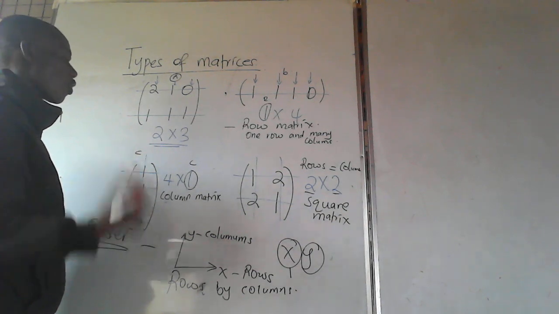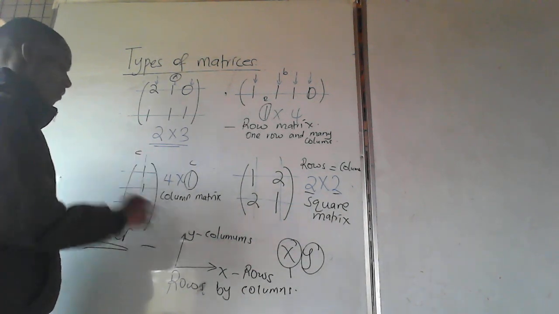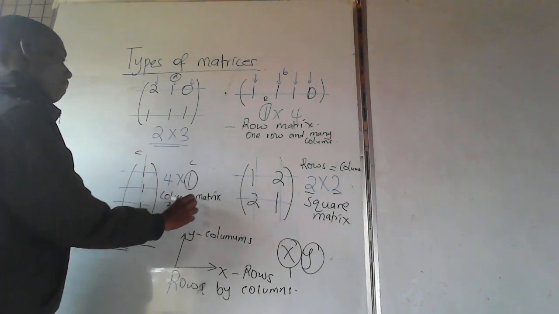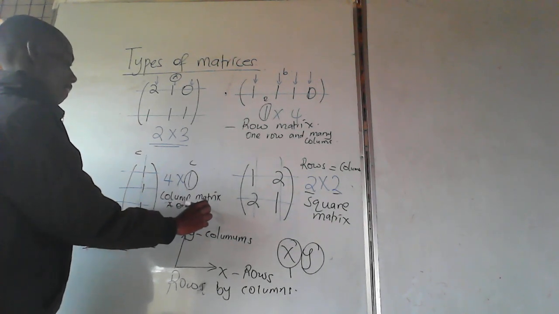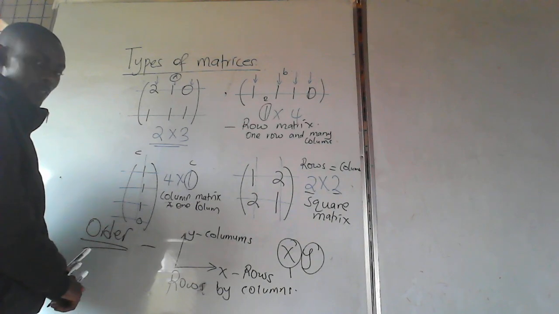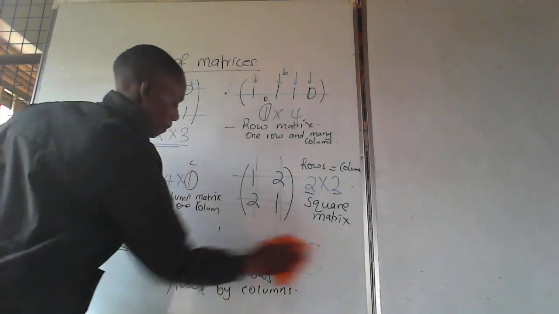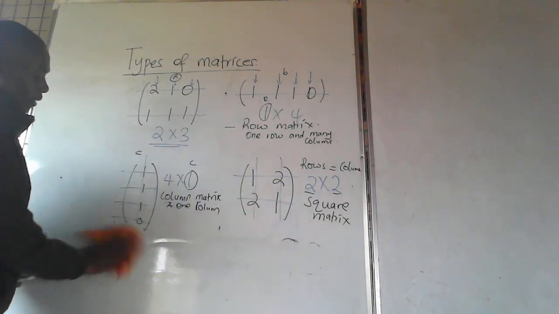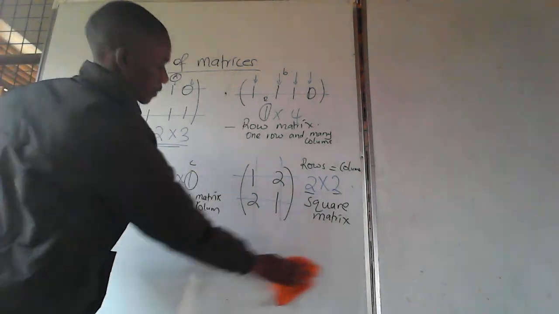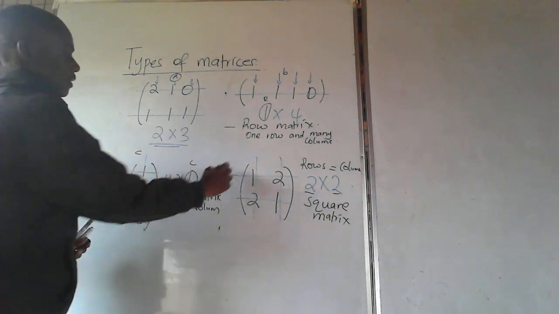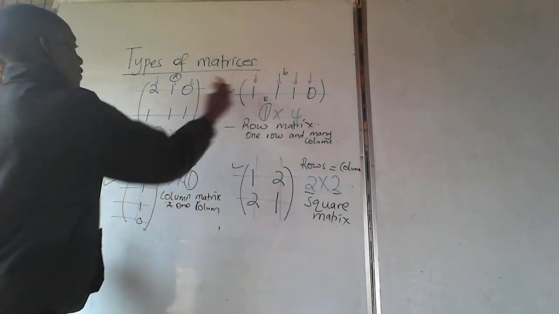Because it has many rows but 1 column. Are you getting me? Thank you. Allow me to rub this. So after that, we have the column matrix, square matrix, and row matrix.